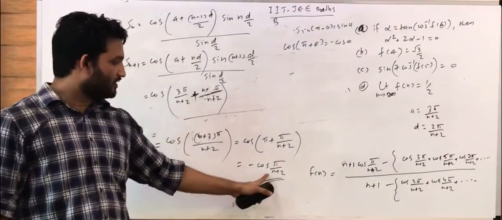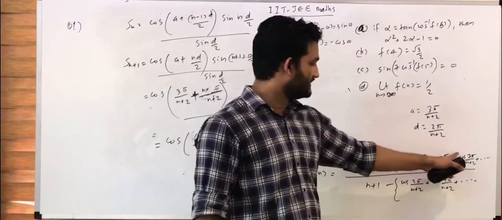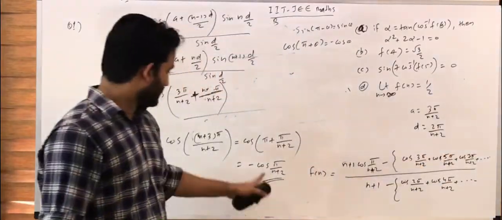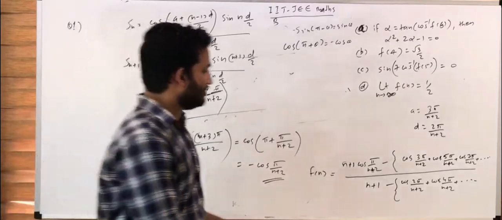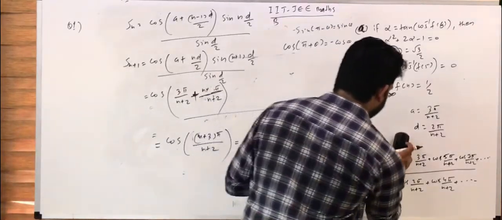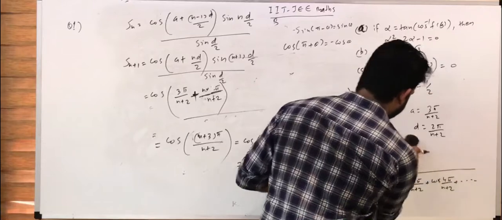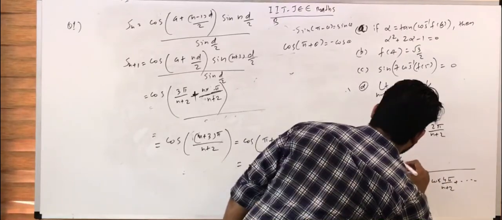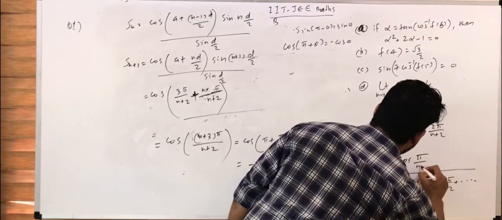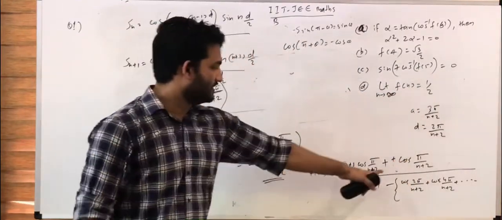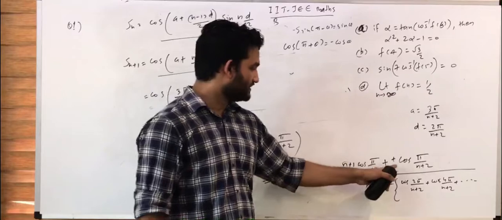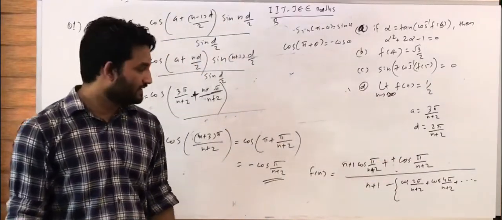So we have found the sum of this cos series as minus cos pi divided by n plus 2. So here I can substitute minus cos pi by n plus 2. Then this minus and minus become plus. So the numerator becomes like this.